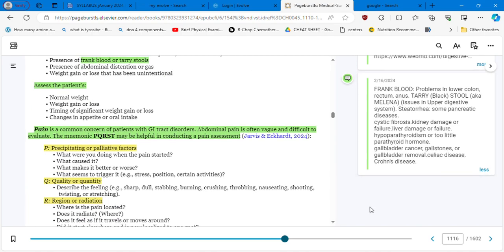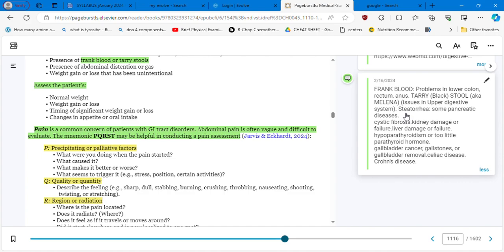In terms of blood, I would like to say that frank blood reveals problems in the lower colon. If it's bright red, it's in the lower colon, in the rectum, in the anus. If it's tarry, black stool, also known as melena, the issue is in the upper digestive system. So the rationale is that the blood that is darker means that it traveled a long way.